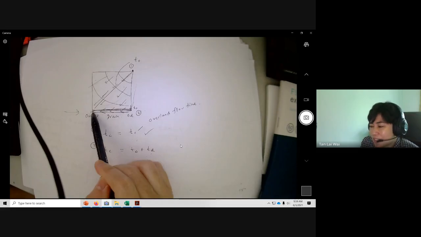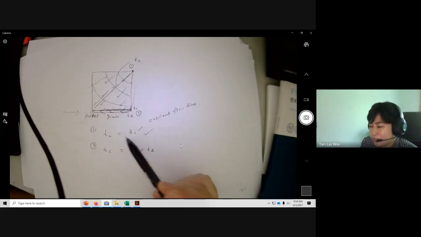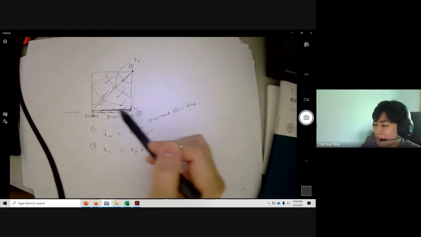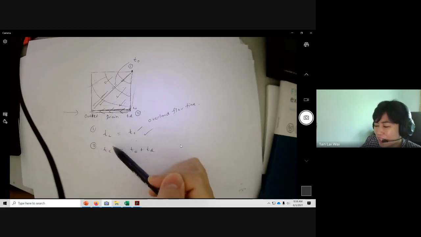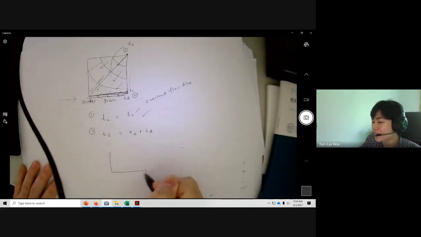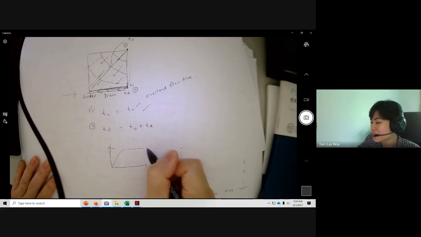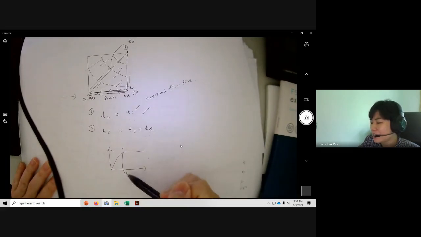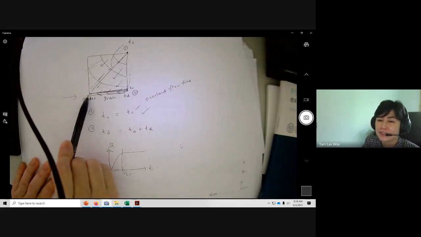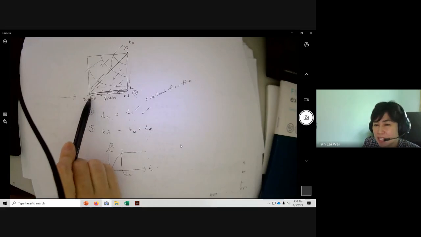Tak pun, you boleh tunjukkan T0, you boleh tunjukkan T0 plus TD, you bandingkan, you ambil yang paling banyak. Sebab tujuannya pada masa TC ni, semua aliran dekat kawasan ni dah keluar ke outlet, iaitu semua aliran tertumpu di sini.